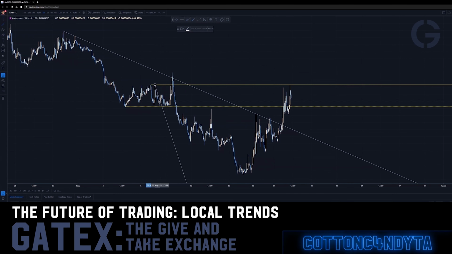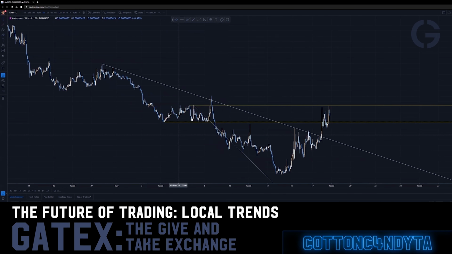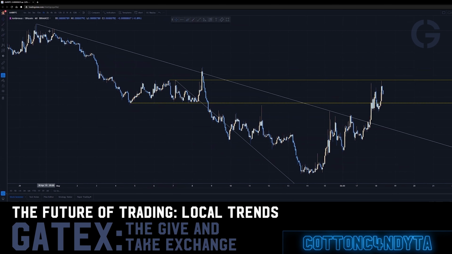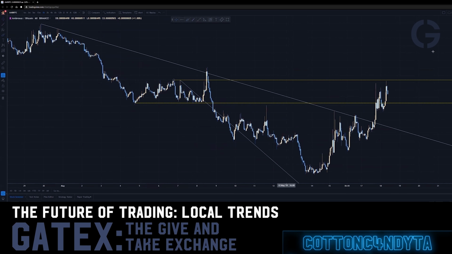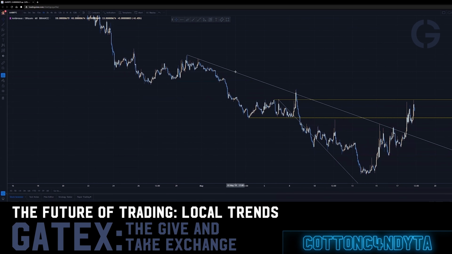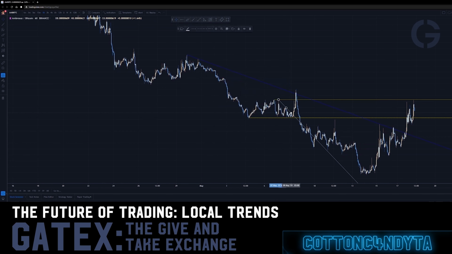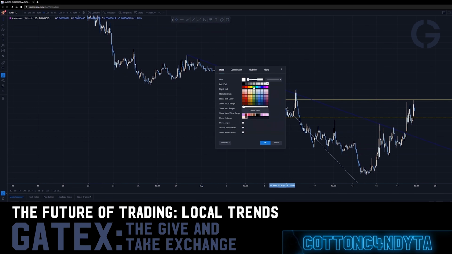And whether you see it or not, there are local and global trends in moves. Even this right here, you have a trend within a trend, right? So it's this idea of a global trend versus a local trend. For this workshop, we are going to be doing a few different colors for trends. Blue is going to be a global trend.